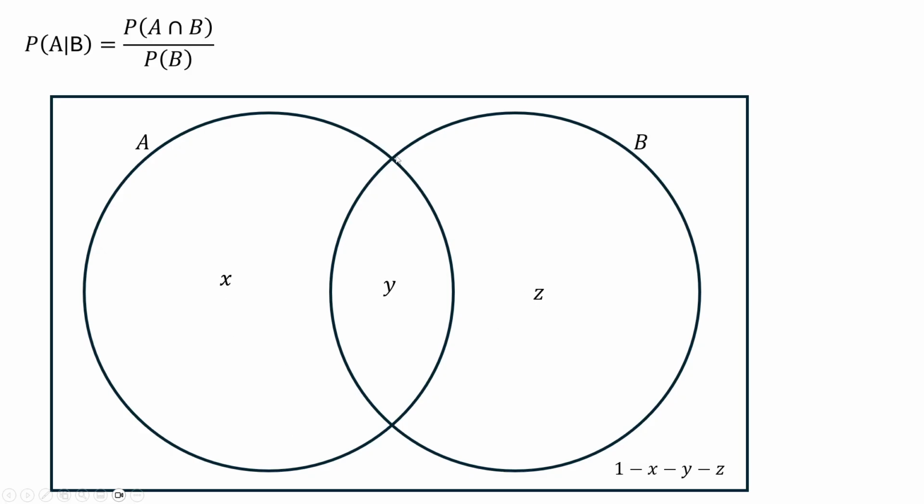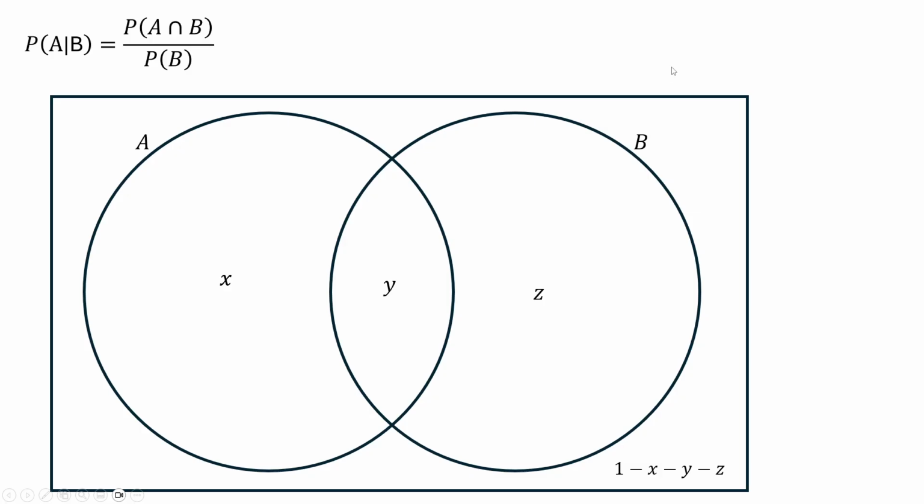Okay, and this z represents just this section here, by the way. And then this x represents just this section here. And the y just represents this intersection here. So you could say the probability of A and B is the same thing as y. The probability of A and not B is the same thing as x. The probability of A or B is going to be x plus y plus z.